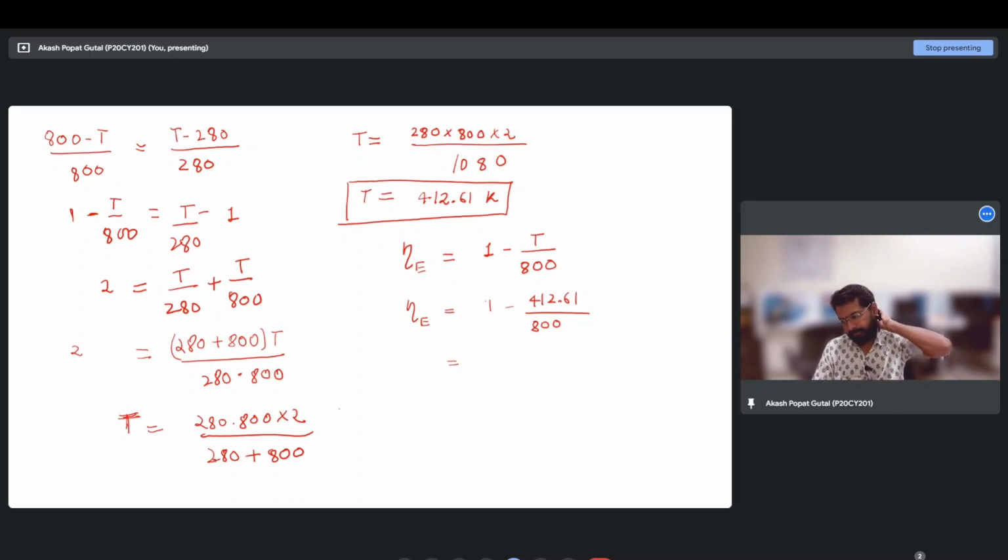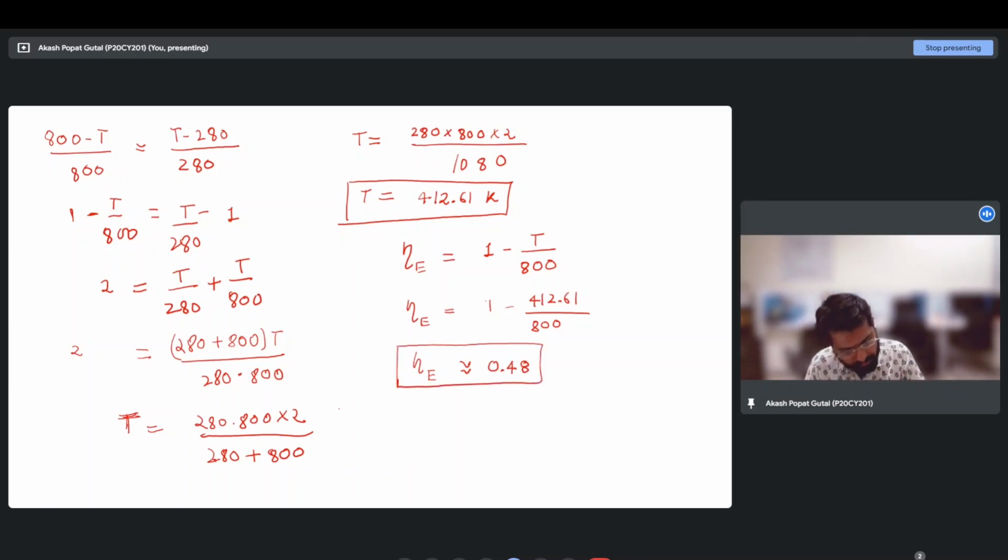Please calculate it. So if you calculate it, it comes out nearly 0.48.